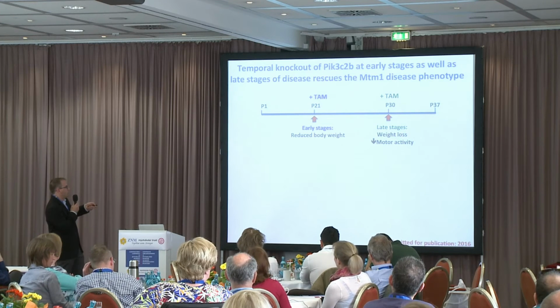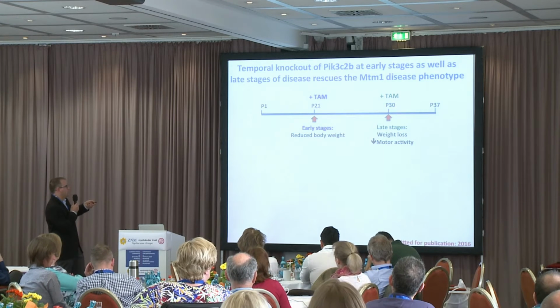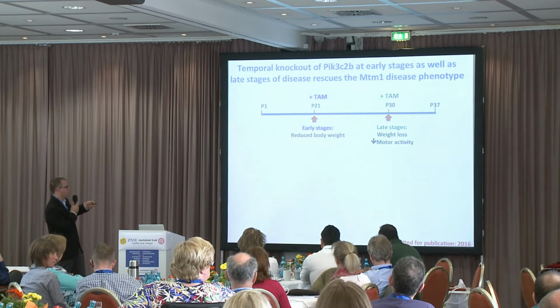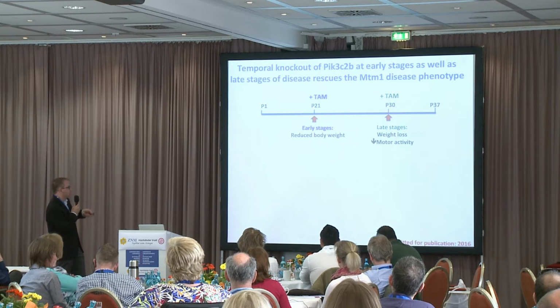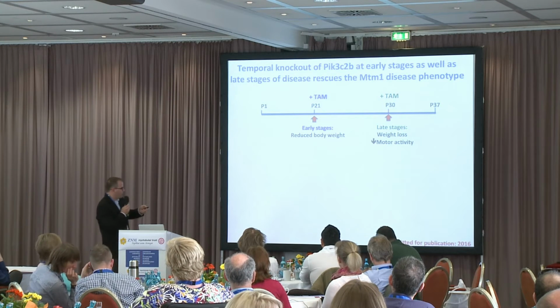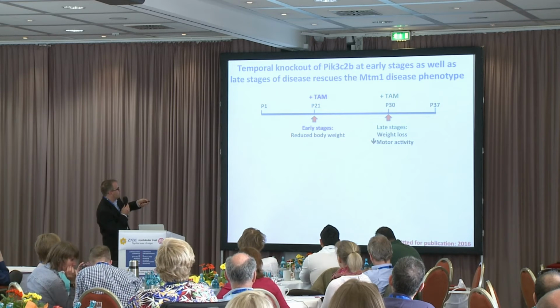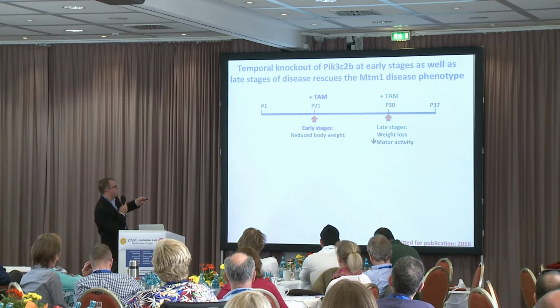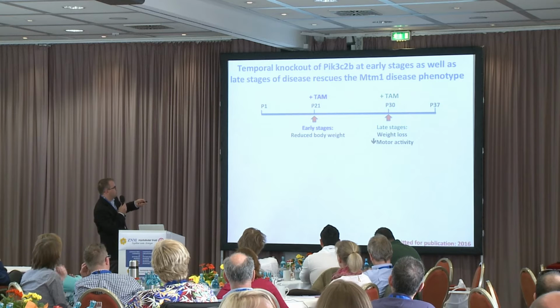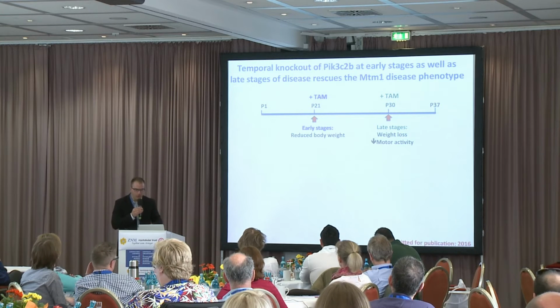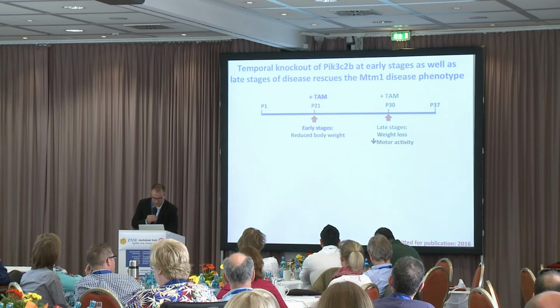And we also did it at 30 days where the animals have clear hind limb paralysis. So they're starting to get weak, and we can tell them in terms of their muscle strength being abnormal. We weren't able to do it any later because we were feeding the animals the thing that induced the knockout, and they were no longer feeding very well after that point, so we couldn't really get it done.